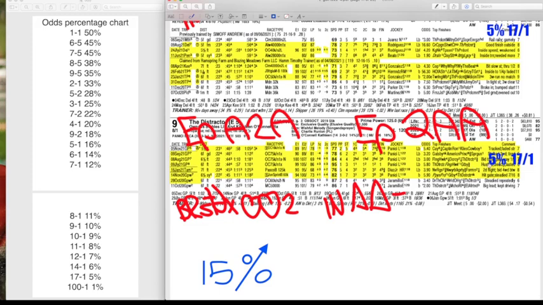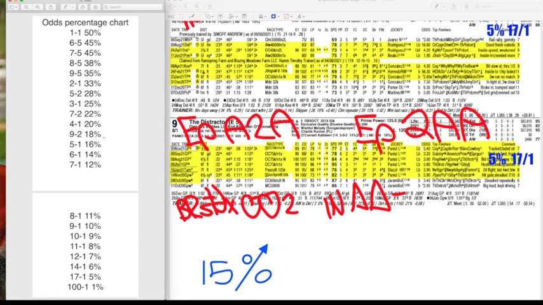And if you guys don't know, the percent that you give a horse correlates with the odds. So all you've got to do is look on my odds percentage chart, look up 5%, boom, 17 to 1 is fair value. So if this horse wins 5% of the time at around 17 to 1, it's a break-even proposition.